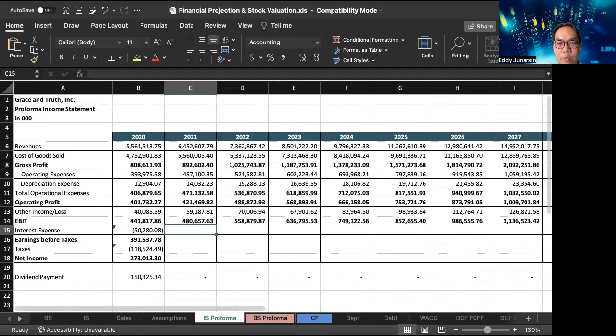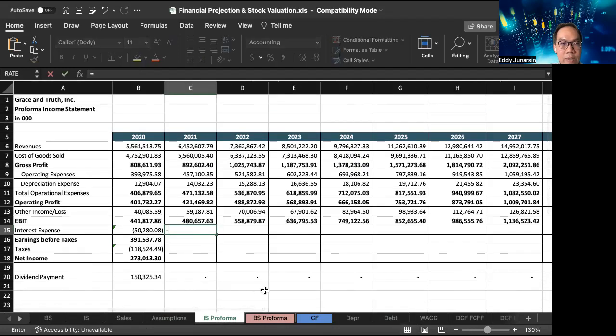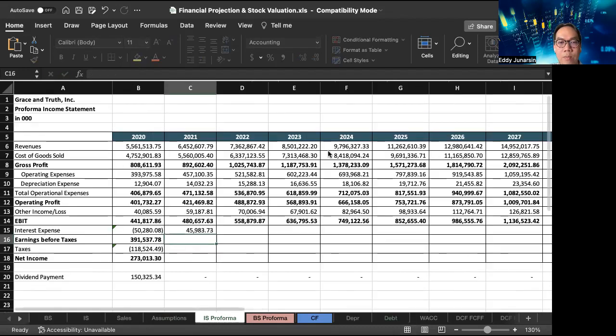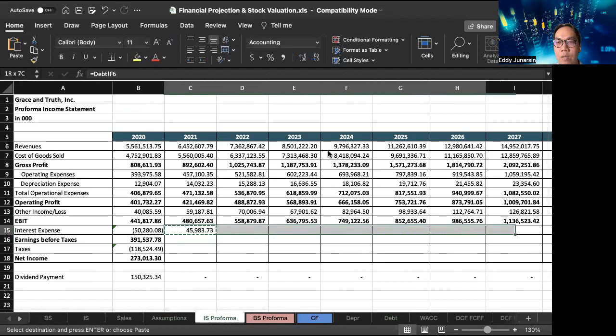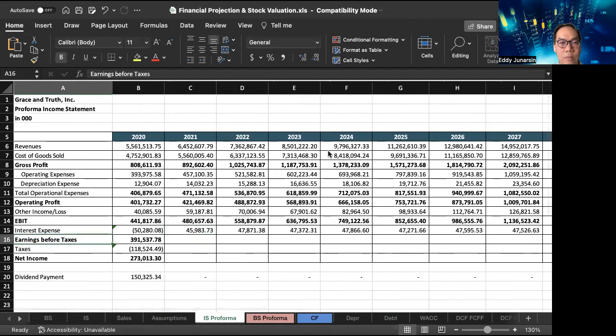Right. Interest expense. Remember, we have a separate sheet for interest expense here. So we just need to link it to the other sheet, interest expense in 2021. This one. Okay. Earnings before taxes is of course earnings before interest and taxes minus interest expense.